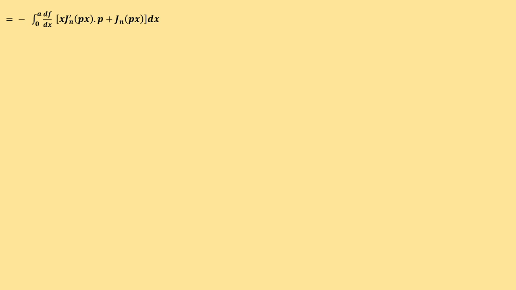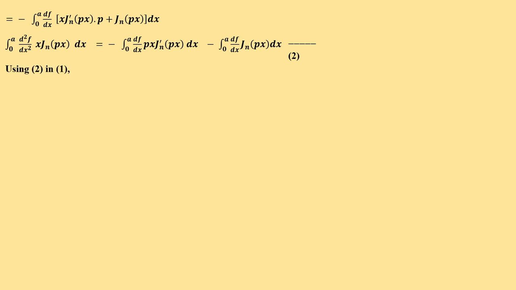That is equal to minus the integral from 0 to a of df/dx px Jn'(px) dx minus the integral from 0 to a of df/dx Jn(px) dx. We are splitting into two integrals, right? That is equation number 2.